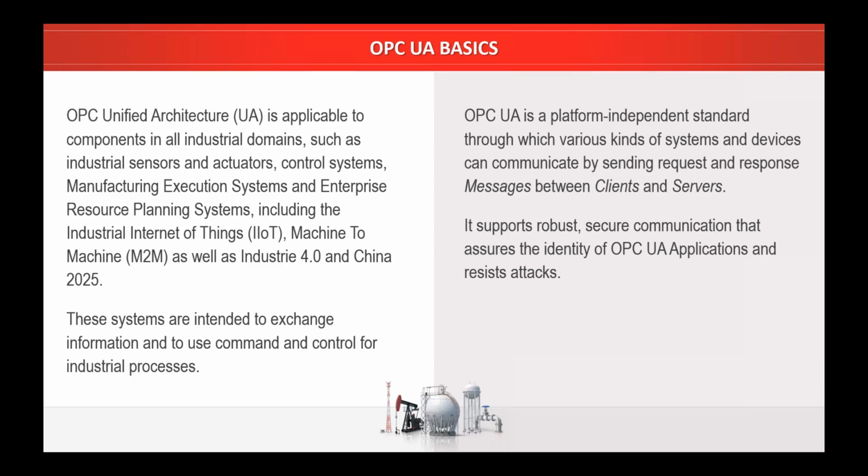And its major difference is it's platform independent. So all different kinds of devices would be able to use OPC-UA. And the other, I think, key factor around OPC-UA in today's environment is that security has been built into the protocol. It's not an add-on at all.